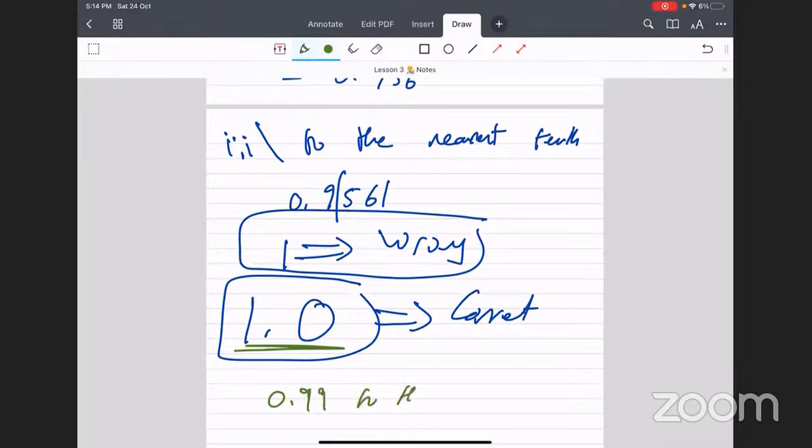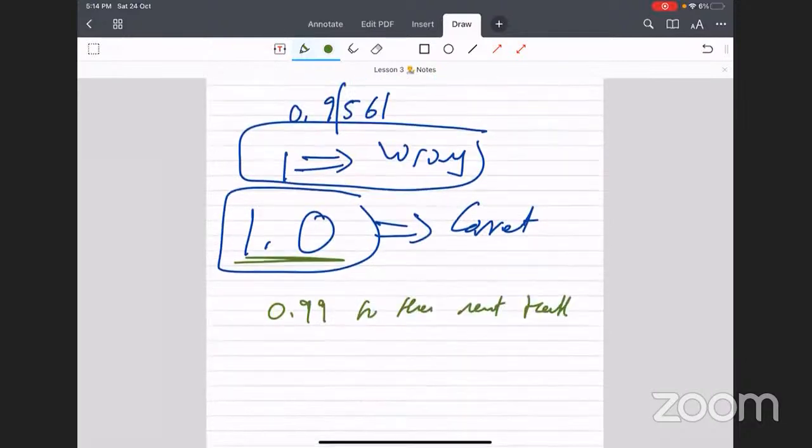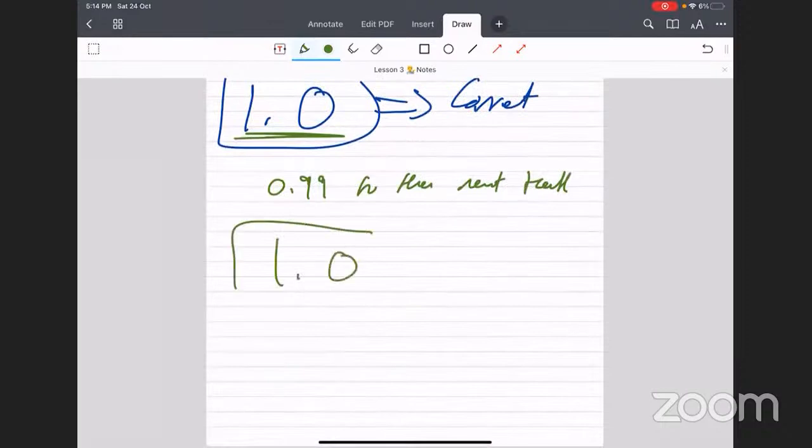0.99 to the nearest tenth equals 1.0, not 1. If you write 1 in the exam, you'll get 0. So you need to write 1.0. Why, sir?